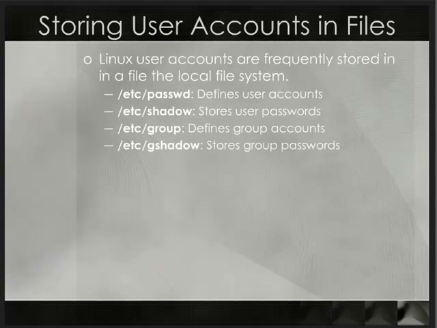It's much easier to assign that access privilege to a group rather than having to do it multiple times for each individual user that needs access. Your group definitions are also defined in a file in the /etc directory. The file is named group. And if you assign passwords to your groups, those passwords are stored in the gshadow file, also in the etc directory.